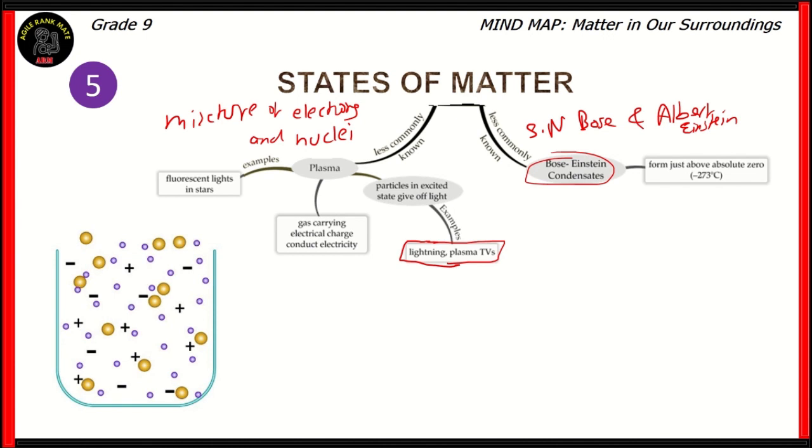And the particles of this state of matter are formed just above absolute zero, which means they cannot be found anywhere on the earth. However, they can only be found in the depths of space. If we look closely into space, into the universe, then only can we find the Bose-Einstein condensates. They only exist just above absolute zero Kelvin.